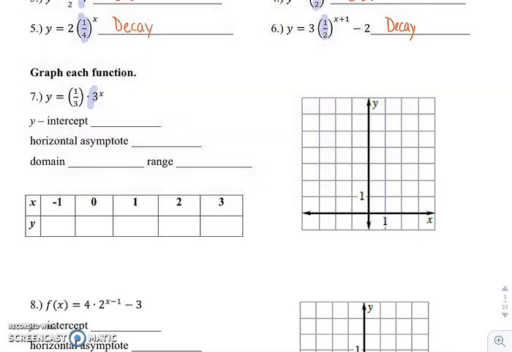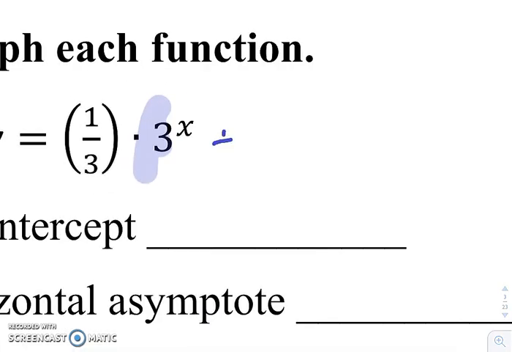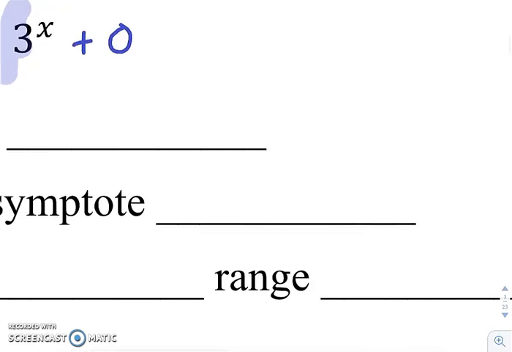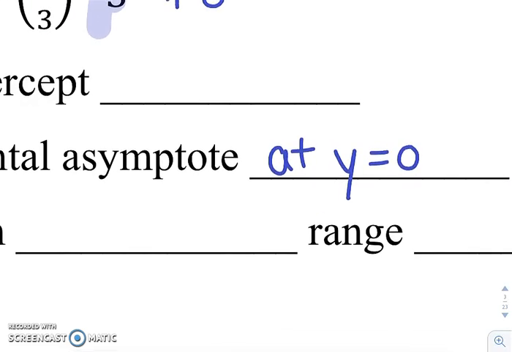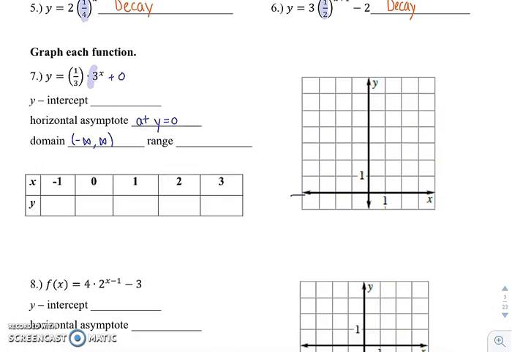So we want the y-intercept, horizontal asymptote, domain and range. I'm going to do the horizontal asymptote first. That's the number at the end. In this case, there actually is no value, so the horizontal asymptote will be at y equals 0. Domain is always negative to positive infinity. I'm going to draw in my asymptote down here.